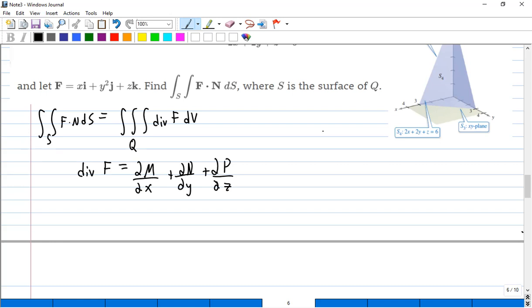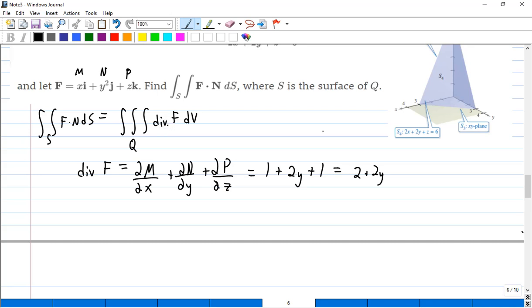So there's m, n, and p. So it's going to be 1 plus 2y plus 1. Sorry, so it's going to be 2 plus 2y.